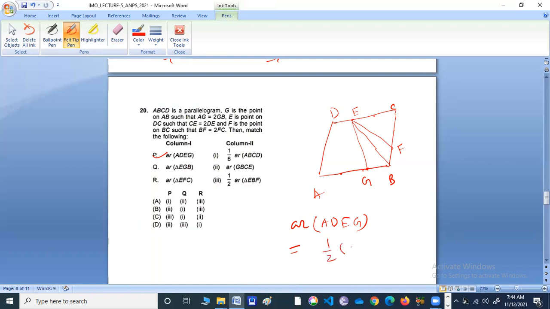Half into the sum of the parallel sides into the distance between them. So we need the distance, so draw an altitude, BL.